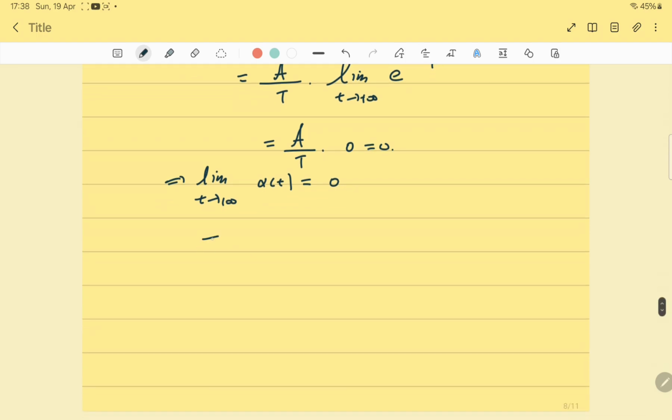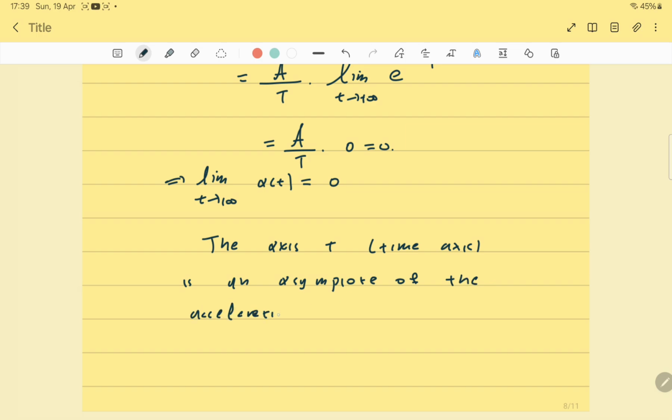So the axis t, the time axis, is an asymptote of the acceleration a of t.